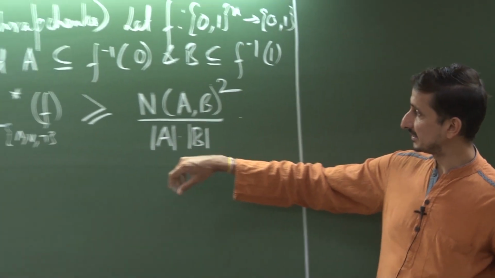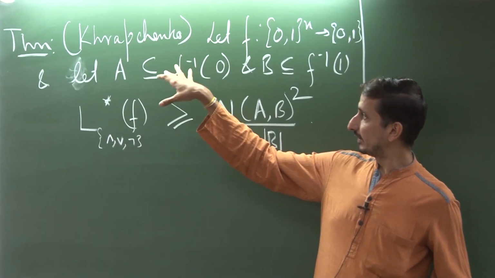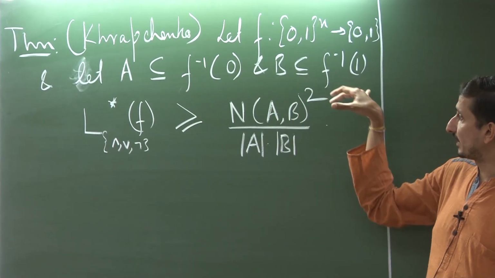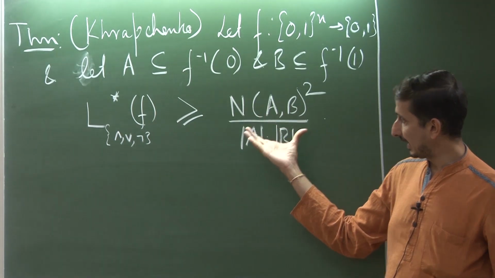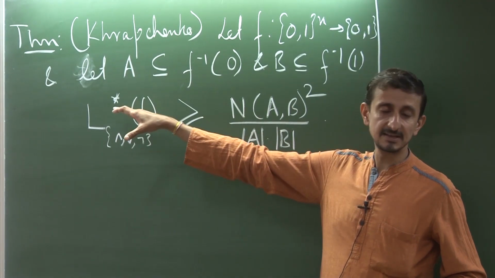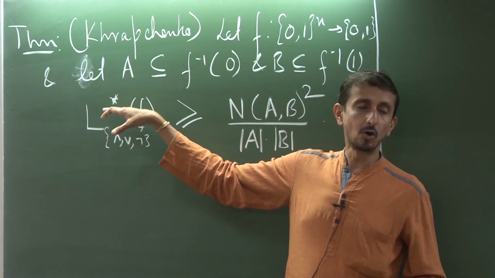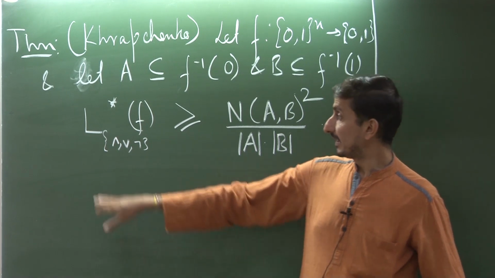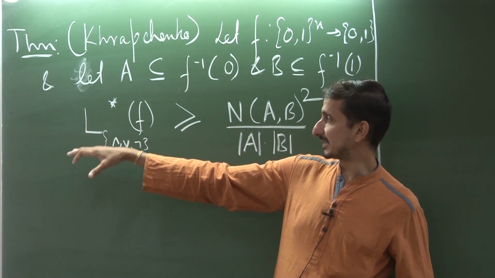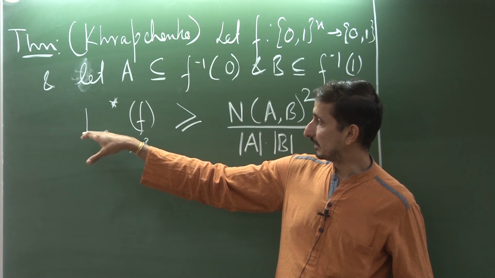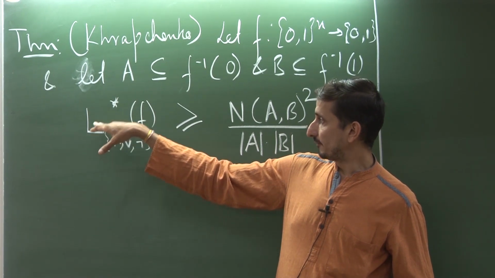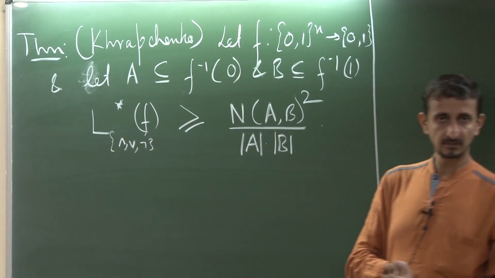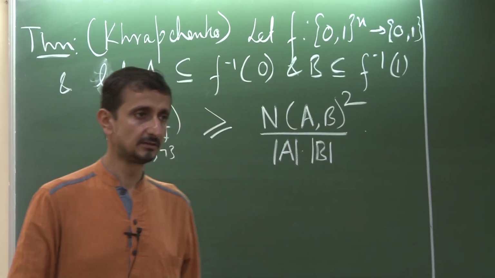And what this theorem says is that if we have a function f and take any two sets A and B such that A maps to 0 and B maps to 1, then the star size of the function, meaning the number of AND and OR gates in the formula, is at least this much. So, the smallest formula for f, if I count the number of AND and OR gates, will have size at least this much. How do we prove this theorem?